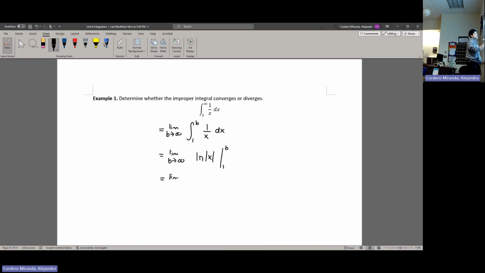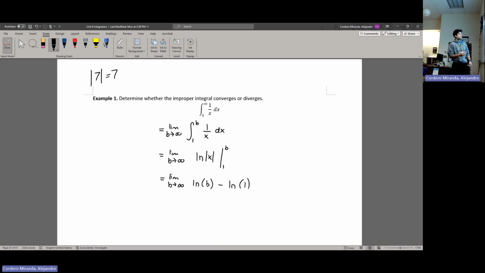That's the limit as b goes to infinity of natural log of, and then to make it just slightly less confusing, let me get rid of these absolute values because I'm plugging in a positive anyway. So like absolute value of a positive number like 7 is just going to be 7. So it makes no difference whether I keep the absolute value or not because these are all positive numbers. So let me get rid of the absolute value and say natural log of b minus natural log of 1.